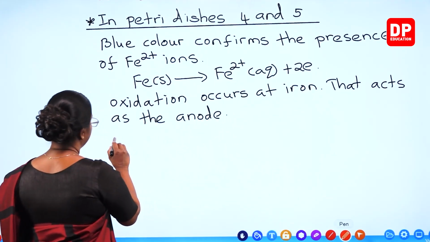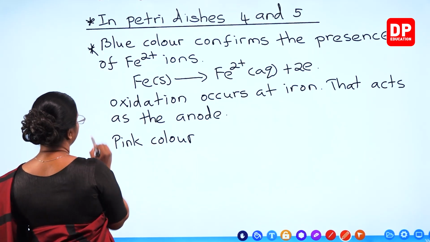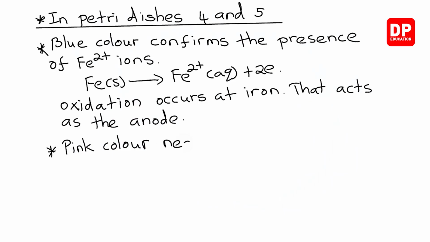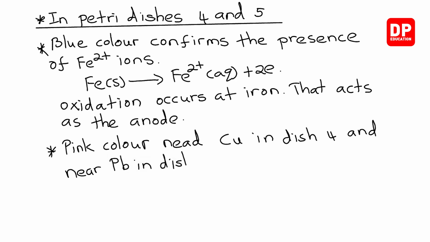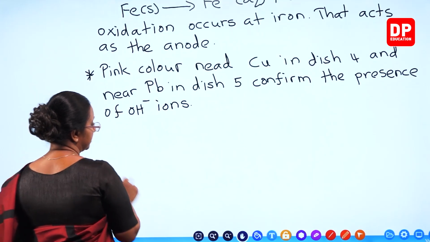At the same time, pink color, so here first one blue color, then pink color near copper, we can say dish 4, and near lead in dish 5 confirm the presence of OH minus ions. That means what?